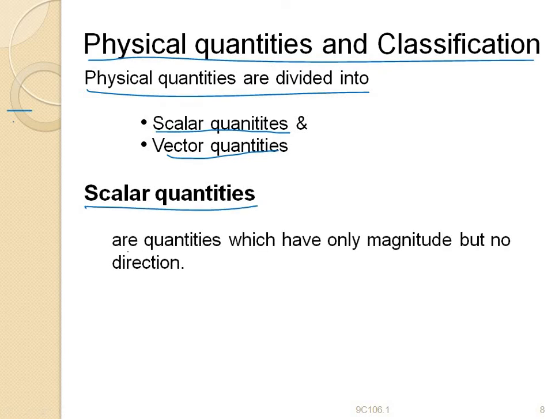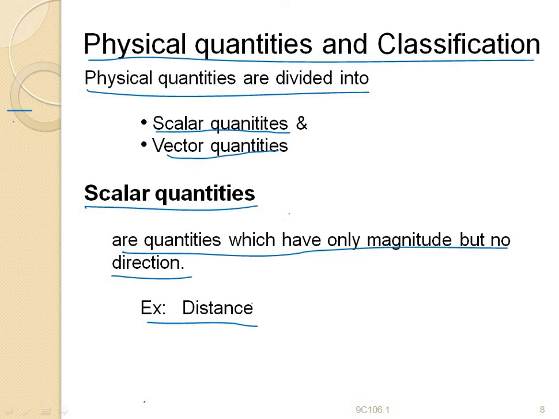Scalar quantities are quantities which have only magnitude but no direction. Observe here: they don't have direction, but they have only the magnitude. Those are scalar quantities. Example, distance. Remember, scalar quantities are quantities which have only magnitude but no direction.